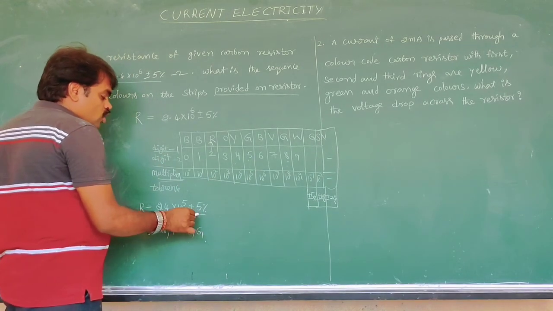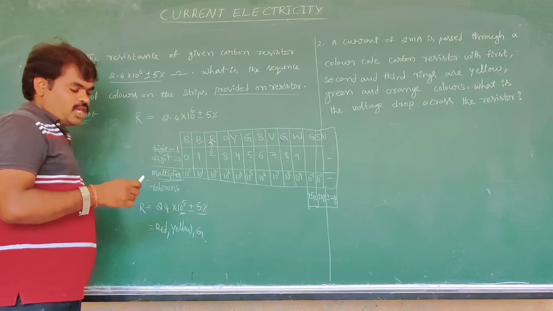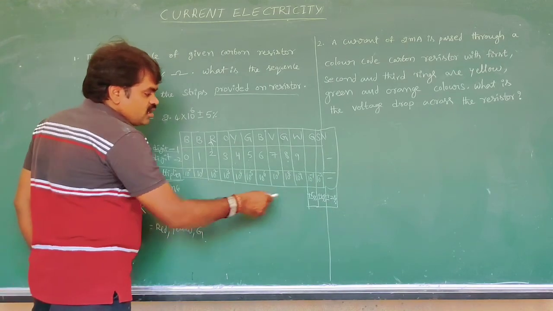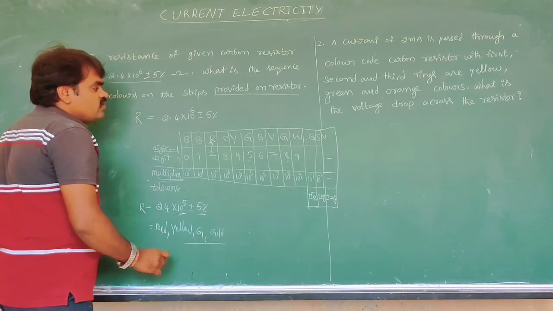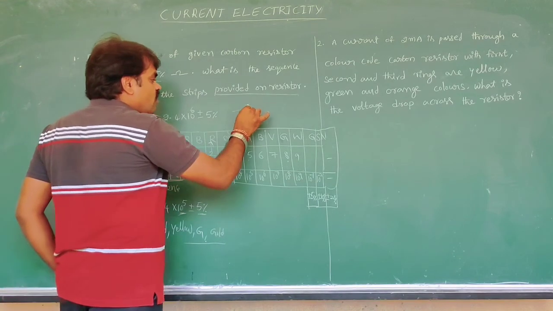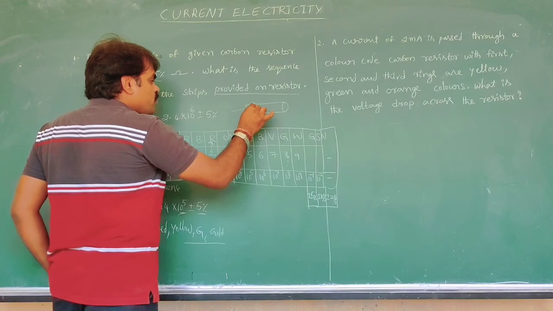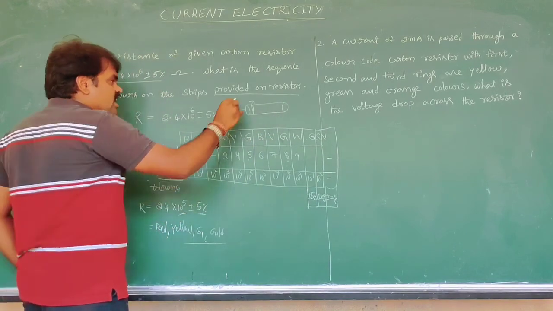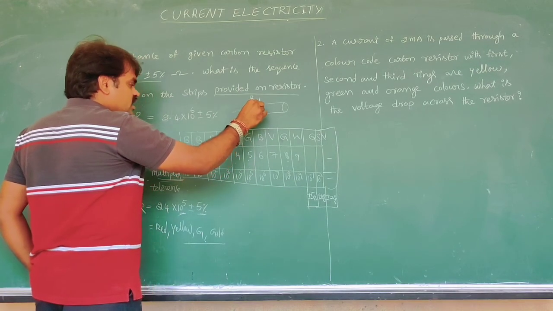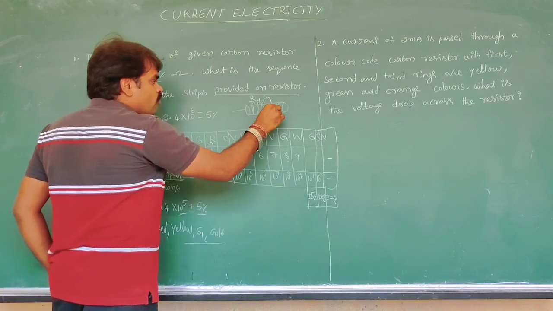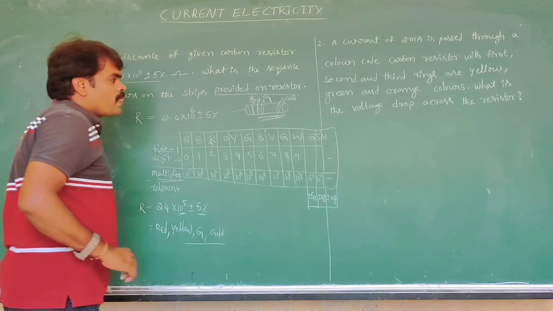Now, tolerance 5%. Tolerance means percentage accuracy, and that is gold. So the colors on the strip are: first color red, second color yellow, third color green, fourth color gold. This is the answer.